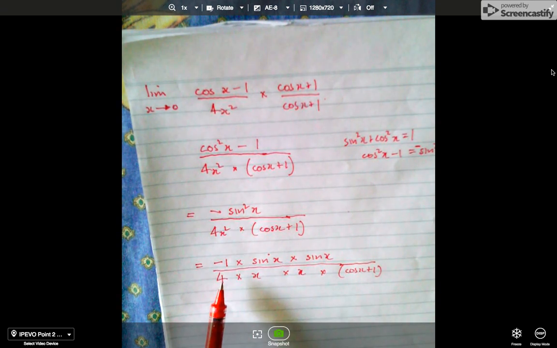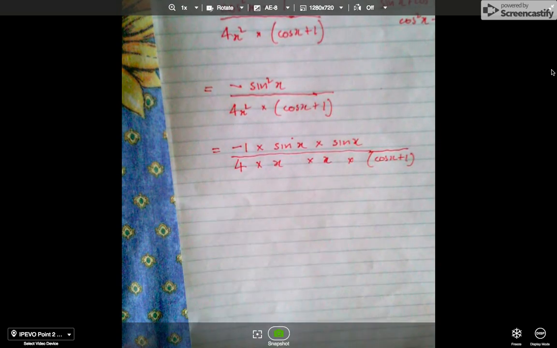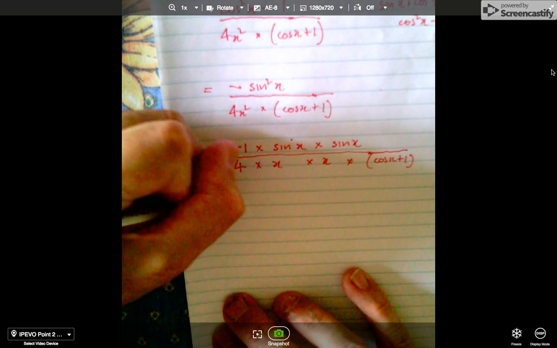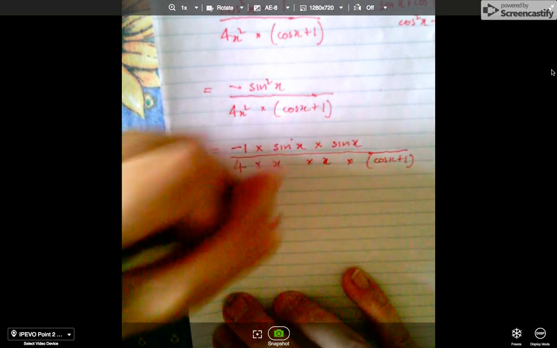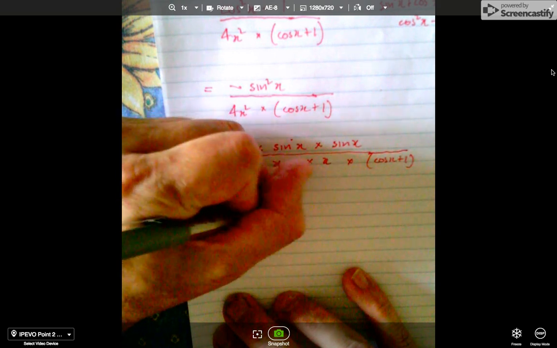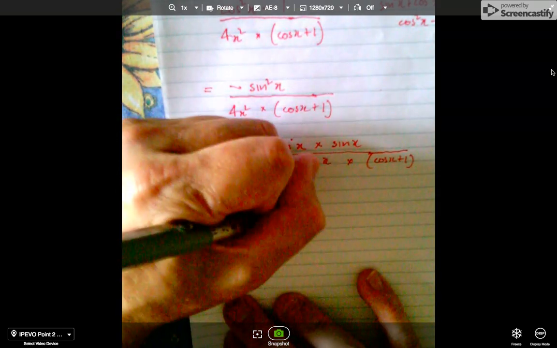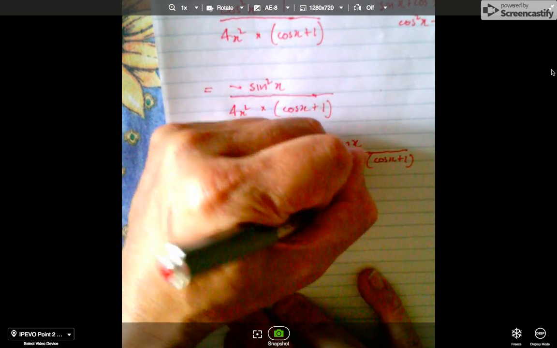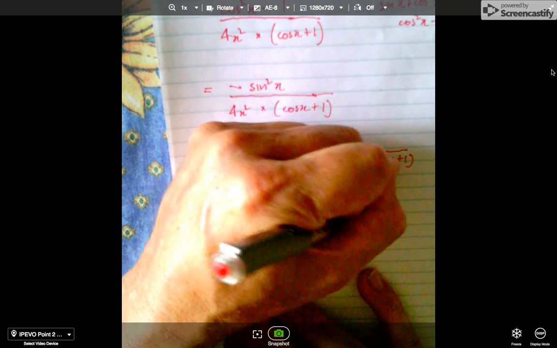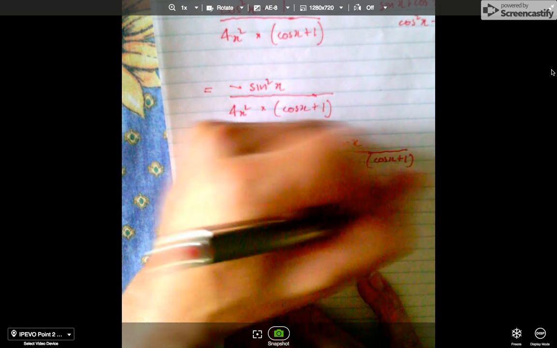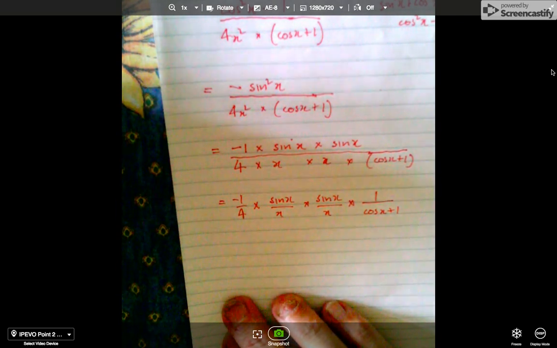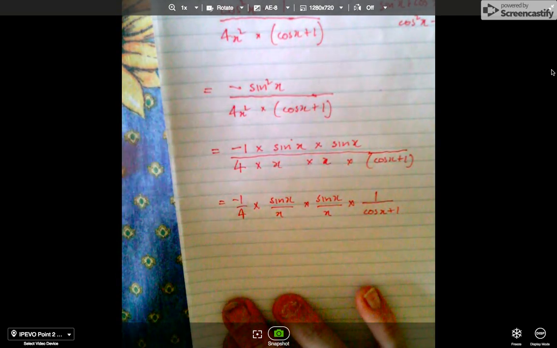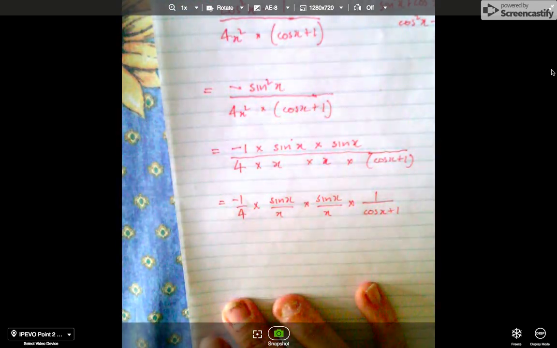So if I wanted to write this out a bit neater, we get minus a quarter times sine x over x times sine x over x times 1 over (cos x plus 1). Now, again, I haven't touched the limits. This is exactly the same as where we started.